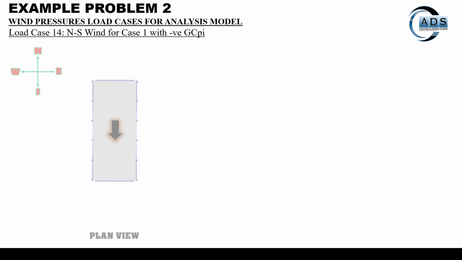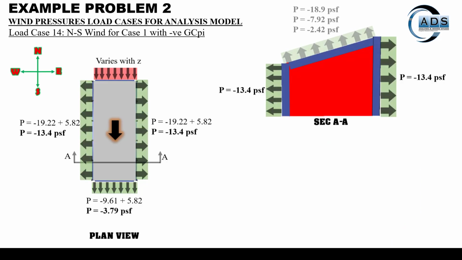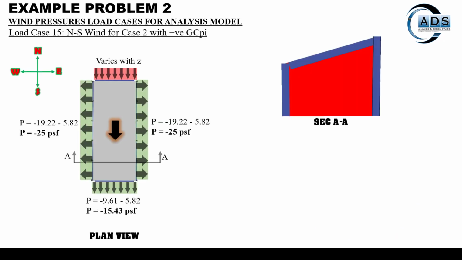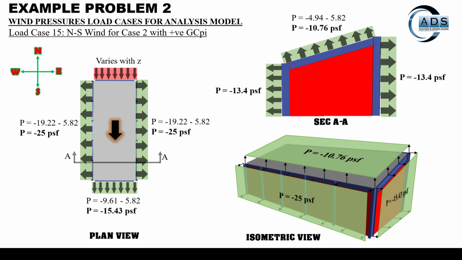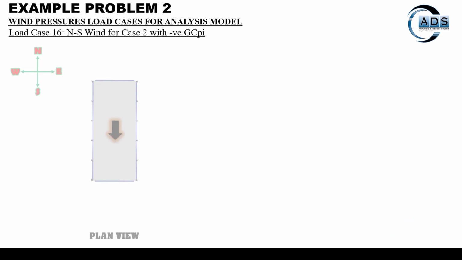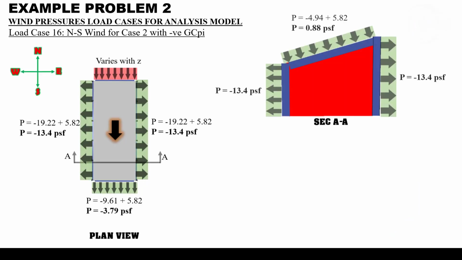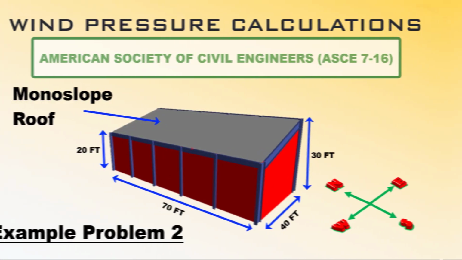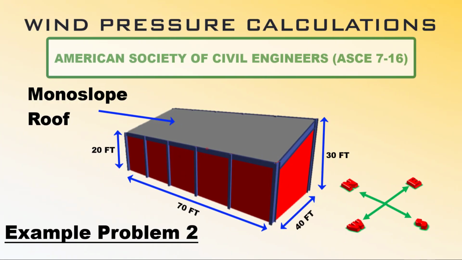Similarly for load case 14 with the negative GCPI, and load case 15, case 2 with the positive GCPI having the uniform pressure, and load case 16 with the negative GCPI. So this ends our example problem 2.